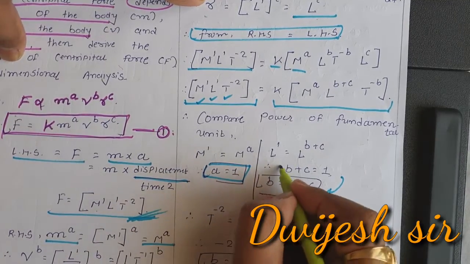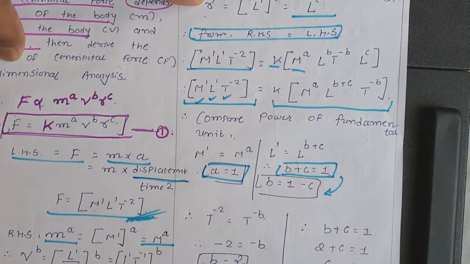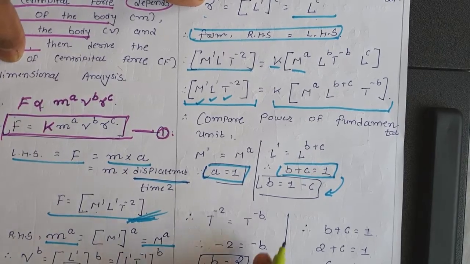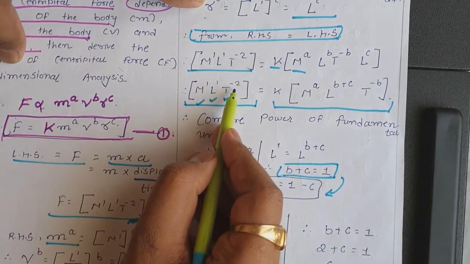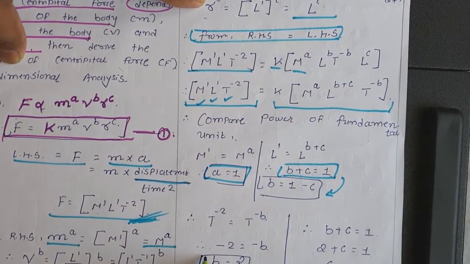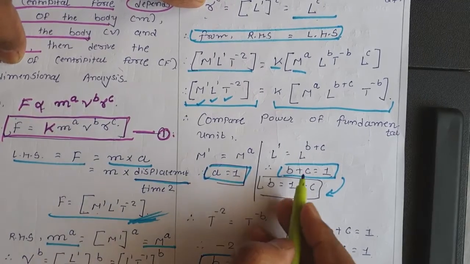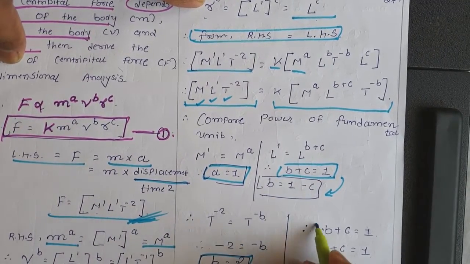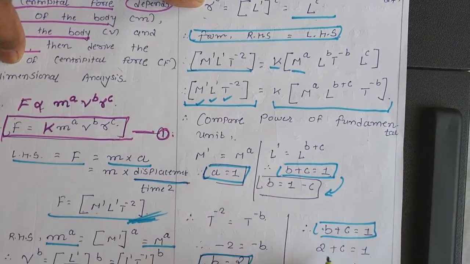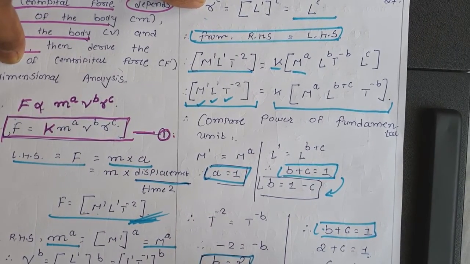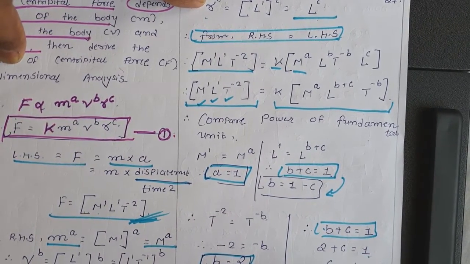Third, T to the power of minus b and T to the power of minus 2, so b equals 2. Now we put this in the equation b plus c equals 1: 2 plus c equals 1, so c equals minus 1.